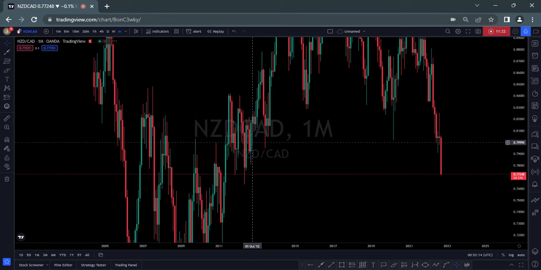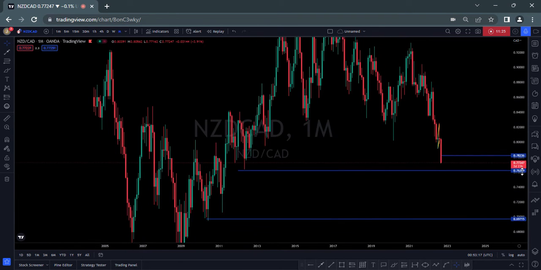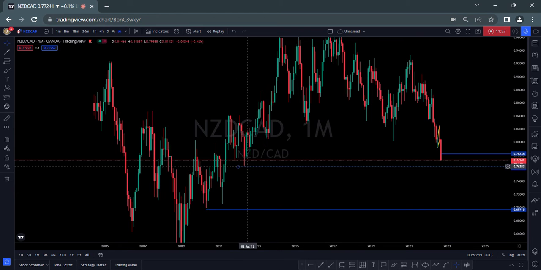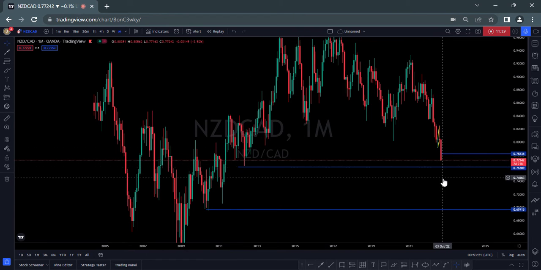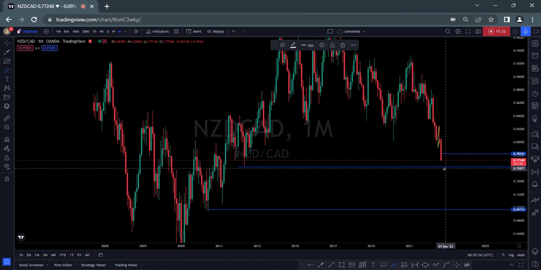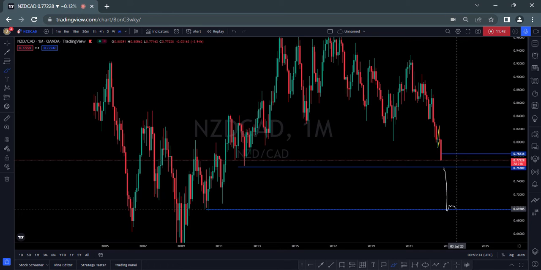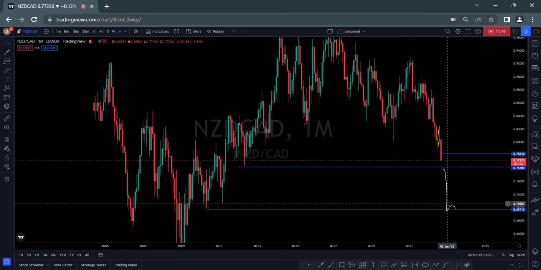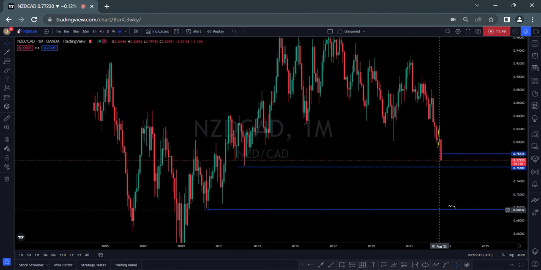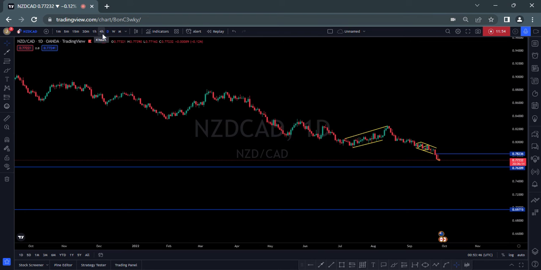Let's check it on the monthly. Yeah, we still have more room for sells to this low, and even breaking this area, we still have room for a target to this area. So there are tons and tons of opportunities for us to capitalize on this movement.